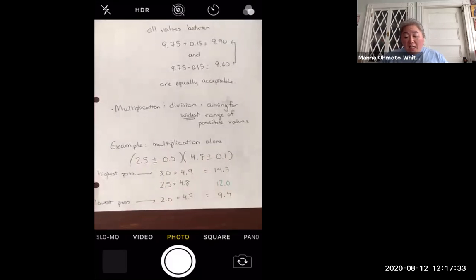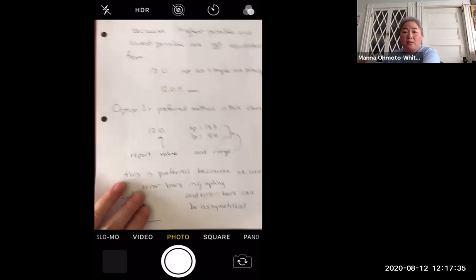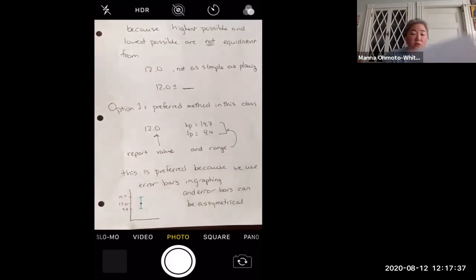Because the highest possible and lowest possible values are not equidistant from 12.0, 14.7 is 2.7 away from 12.0 and 9.4 is 2.6, I can't simply report it as 12.0 plus or minus a value.